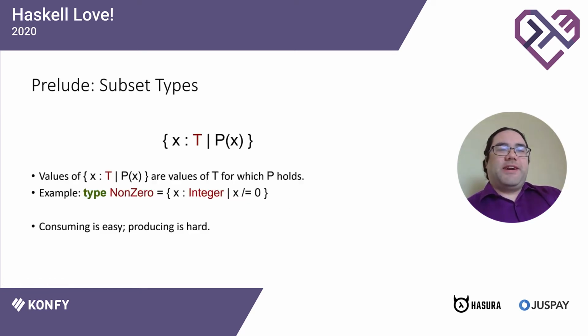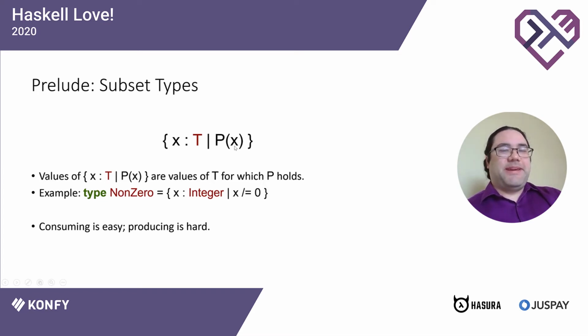So before going on to quotient types, I want to talk about subset types because they are a little more natural and easy to understand. And as I said, they're dual to quotient types. And so this is a fairly straightforward idea. You have some type T, and you have some predicate on types.